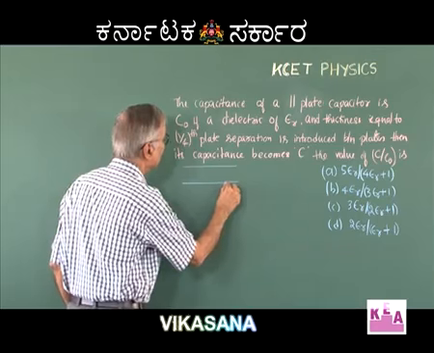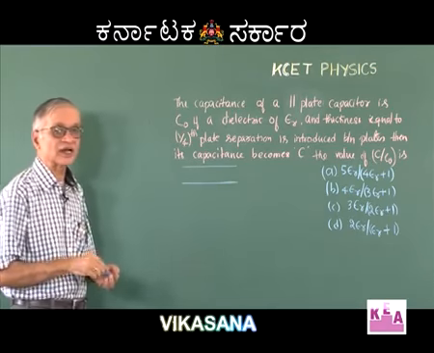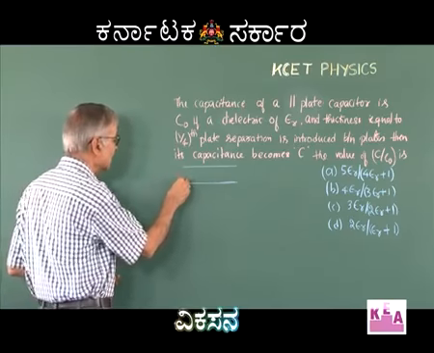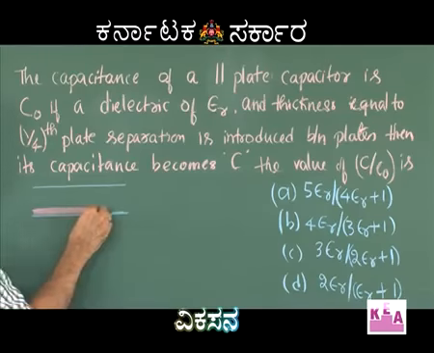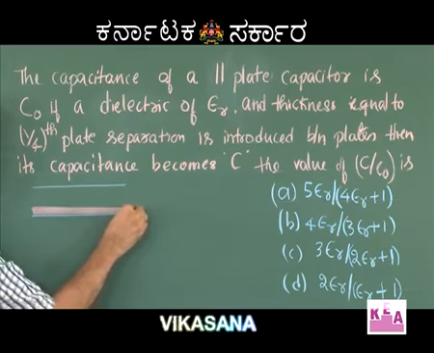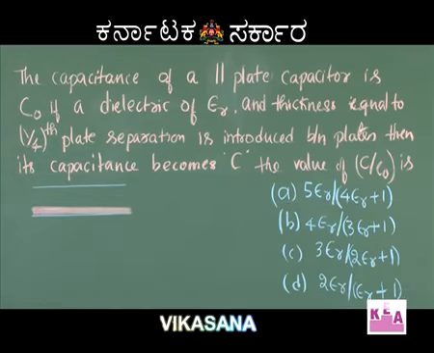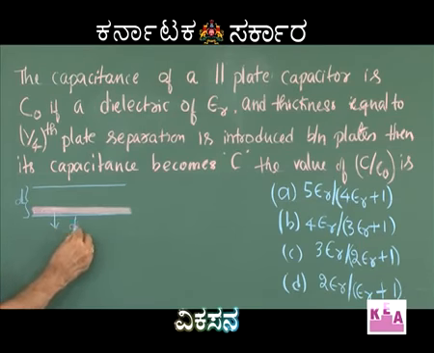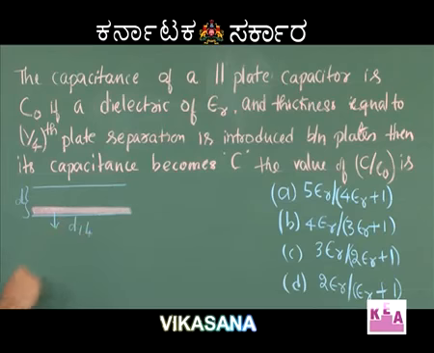Suppose between the plates of the condenser we place a dielectric slab of thickness equal to 1/4 of the plate separation. That is, if the plate separation was D, then the thickness of the slab is D divided by 4.